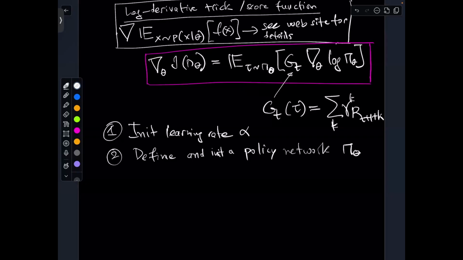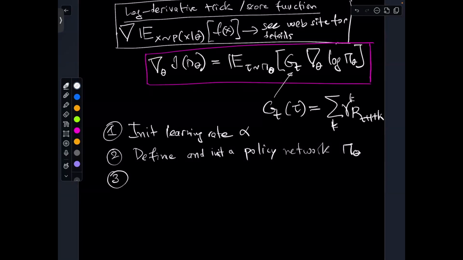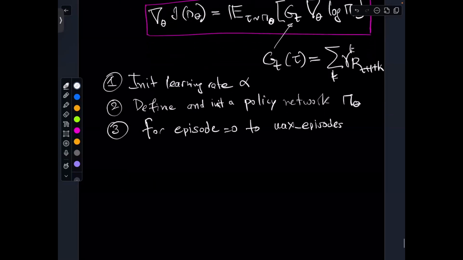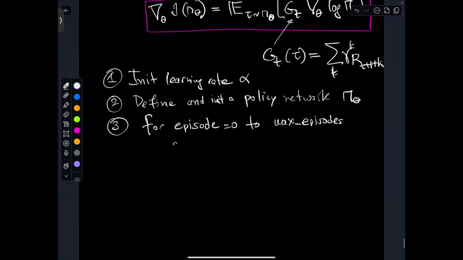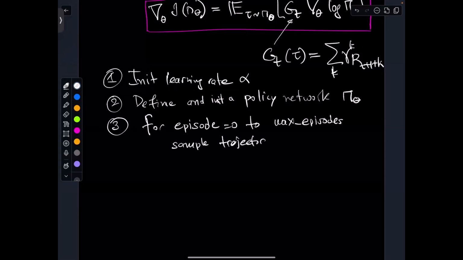And then we start generating episodes, from 0 to max episodes. We sample a trajectory tau using pi of theta.